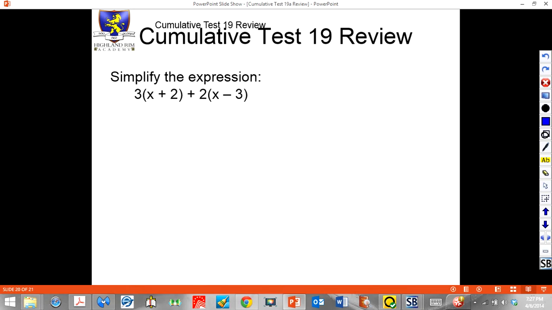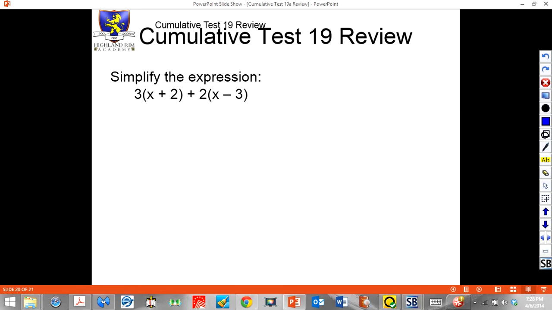Now we simplify the expression. You don't have to solve for x in this case. What we need to do is we need to come up with the most reasonable answer here. So 3 times x plus 2 plus 2 times x minus 3. We will not be able to figure out what x is here, but we will come up with a simplification of the expression.